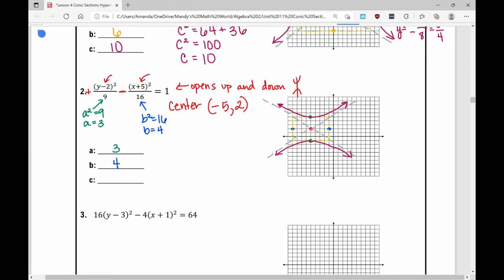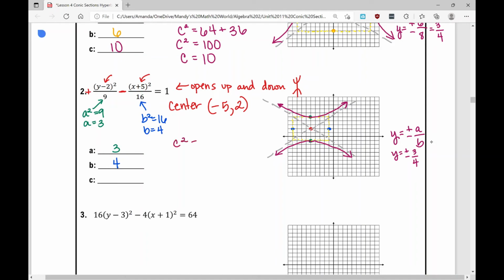And now we're going to practice finding the value of C. And I will tell you though that if you do need to find the slope of each asymptote, in this case, it's going to be positive or negative A over B, which in this case would be positive or negative 3 over 4. So that's not necessarily the equation for the asymptote, but that is the slope of that asymptote. So now let's find the value of C.